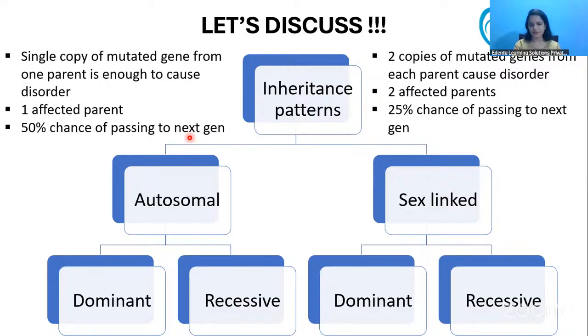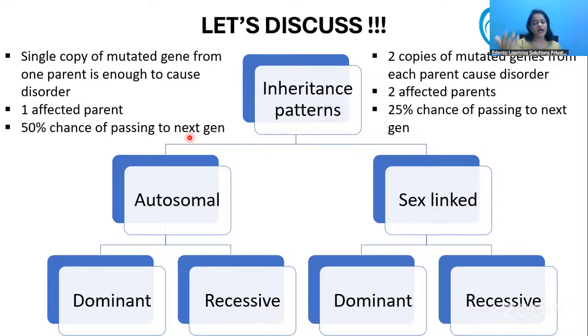Out of these 23 pairs, 22 pairs will be autosomes, that is 44 autosomes, and one pair will be sex chromosomes. Now, if any kind of mutation or change is happening in these autosomes, then that will be inherited to the next generation in the form of the autosomal inheritance pattern.